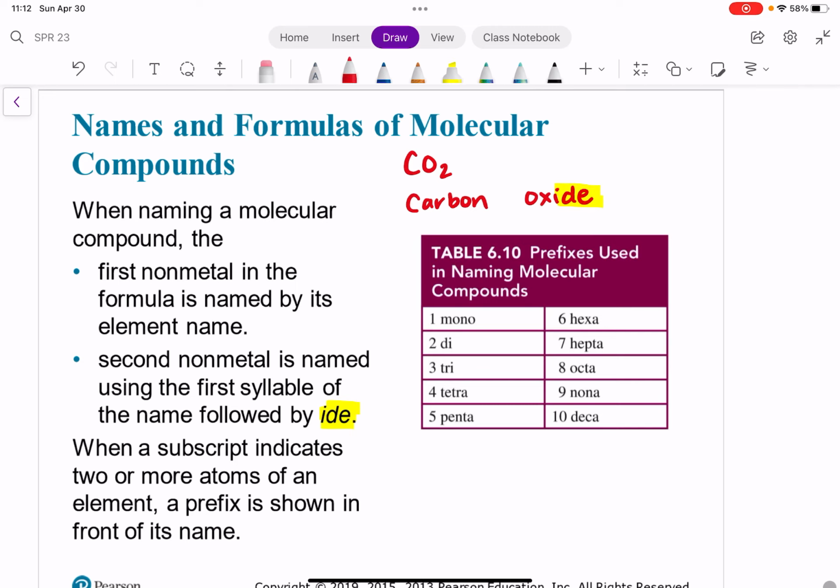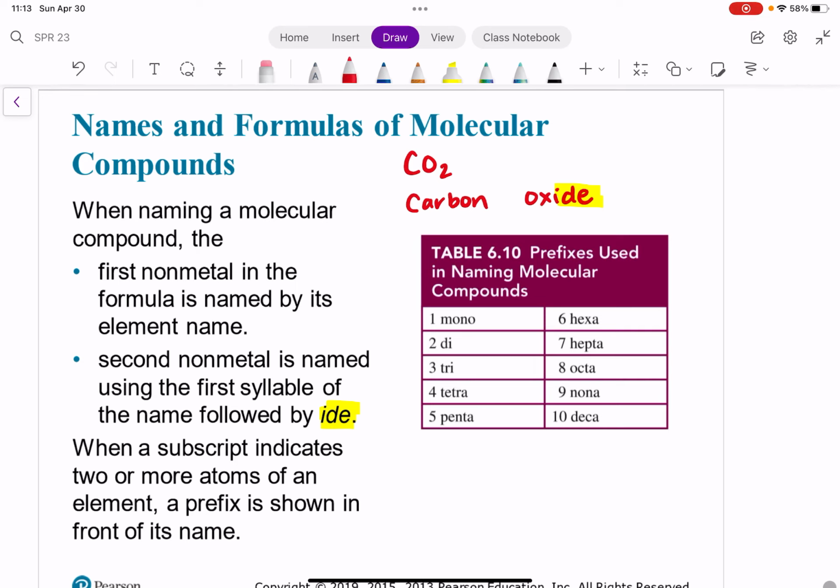But molecular compounds are really interesting because when they bond, we need to show the exact number of atoms that are bonding. So for instance, carbon oxide, if we just named it like this, wouldn't we give CO the same exact name? Yeah, but they're not the same compound, right? We just talked about that.